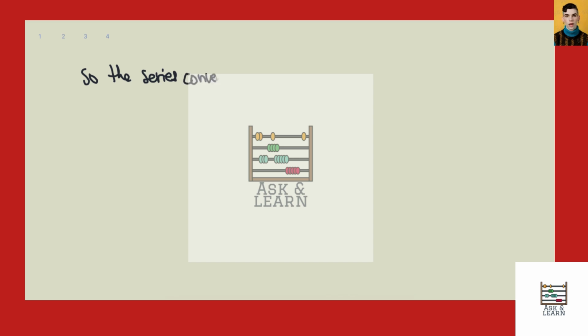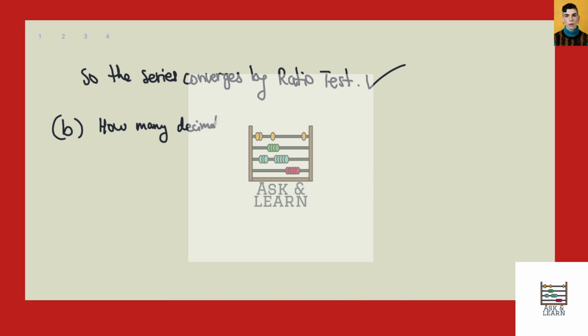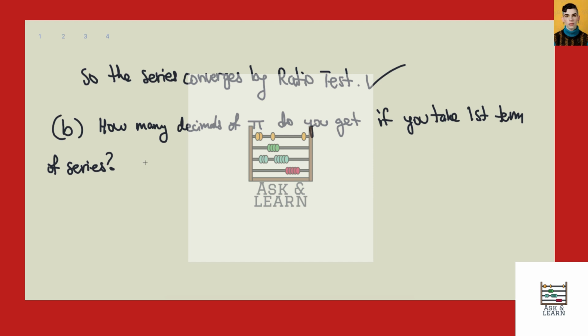And that resolves part A. Now we have a much shorter part B compared to this part A. For part B, we'd like to know how many decimal places of pi do you get if you just take the first term of the series. Or what if you did the first two terms?